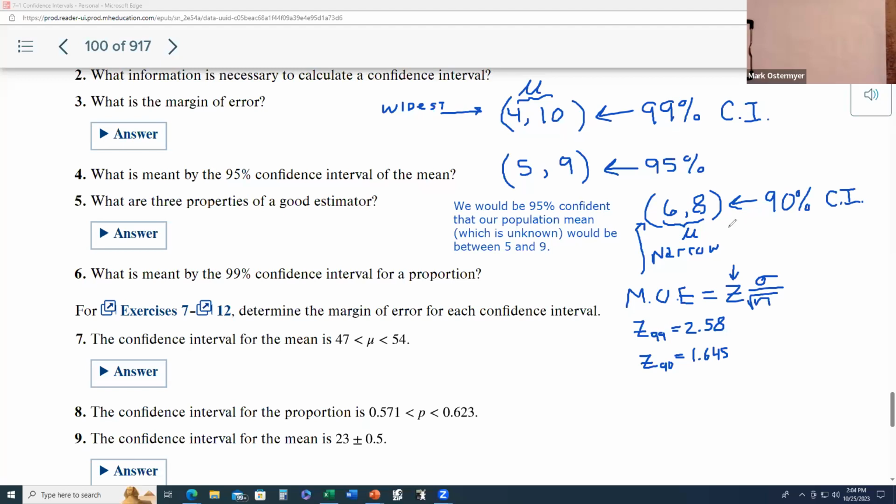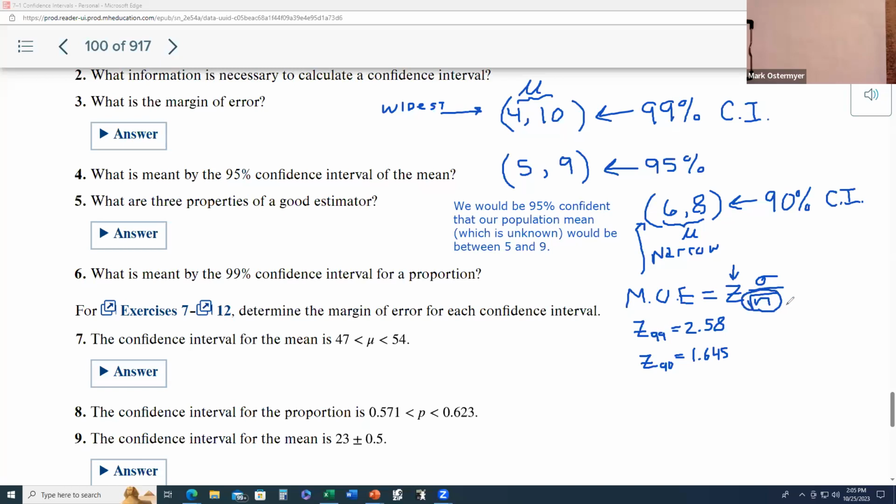The only way to eliminate or to reduce this paradox or this problem between the width of your confidence interval and the level of confidence is to increase the size of your sample. Because let's look at our margin of error again. If you increase your sample size as n gets larger, what happens to the square root of n? It gets larger.